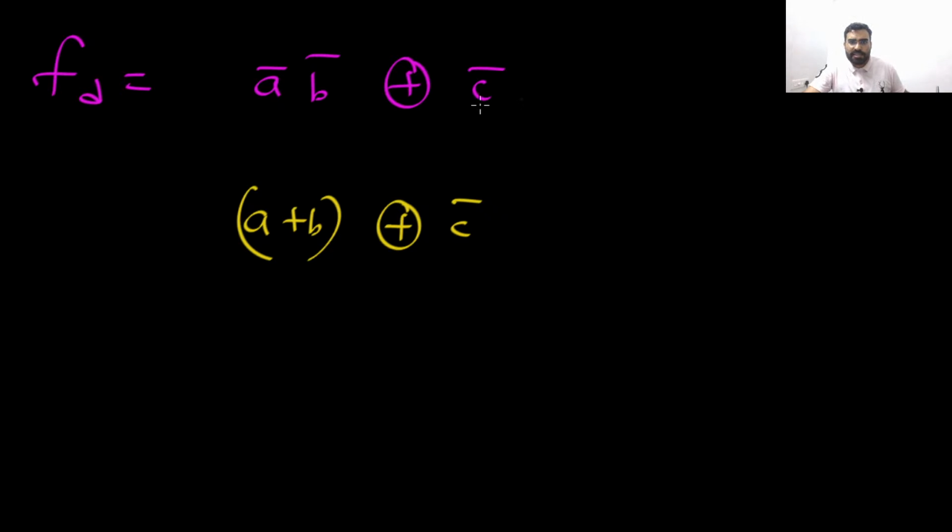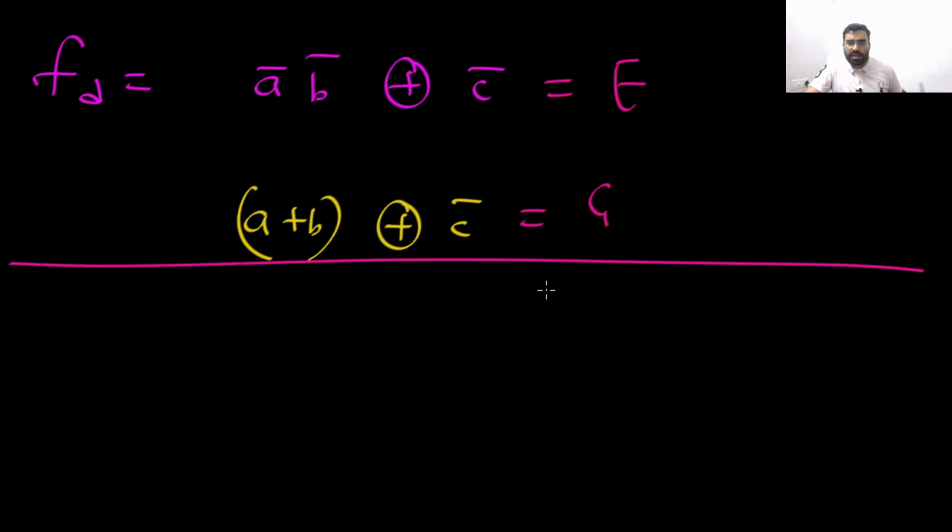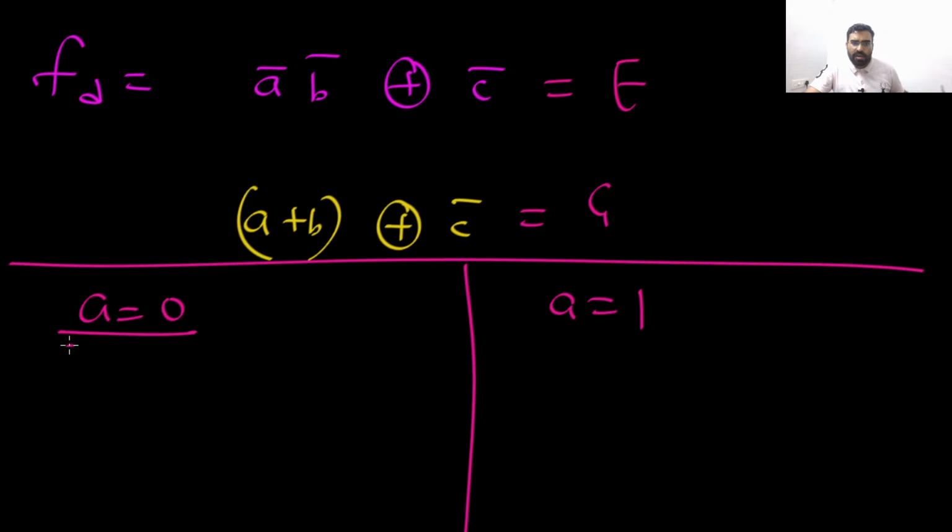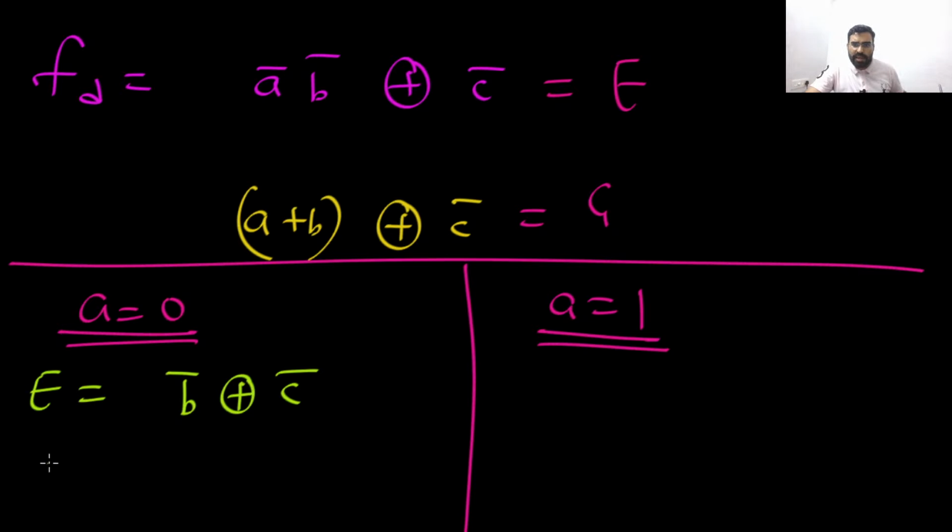So let's check whether these are same or not. Let's call this E and this G. There are two cases possible: either A is 0 or A is 1. When A is 0, then what will be E? And when A is 0, then what will be G?